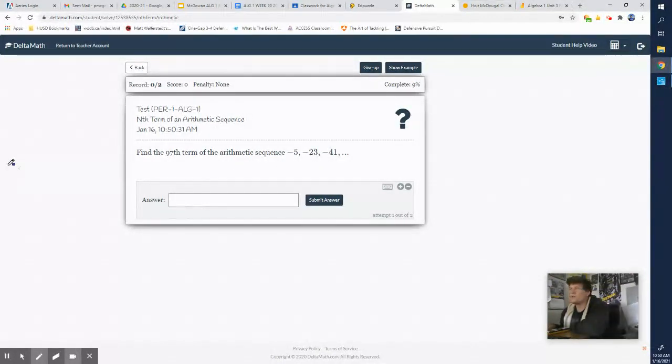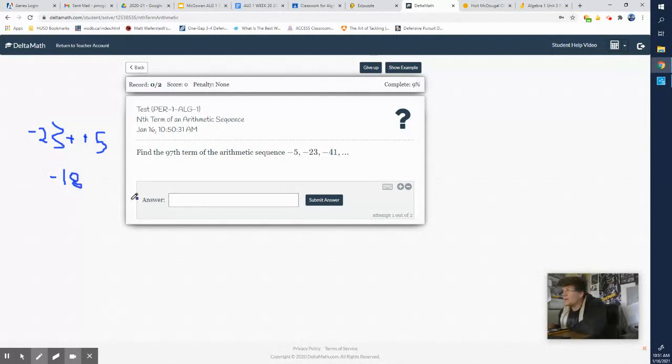To find it, subtract. I have negative 23 minus negative 5. Recognize the double negative just becomes double positive. So now I have negative 23 plus positive 5, which makes a common difference of negative 18.